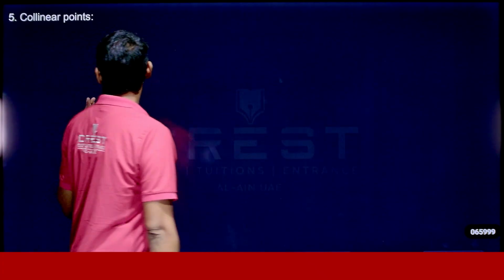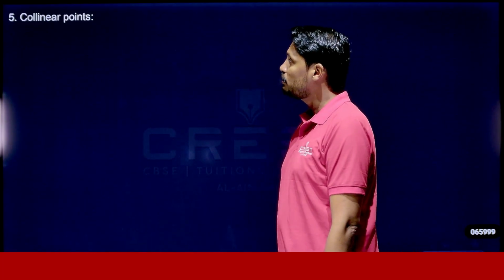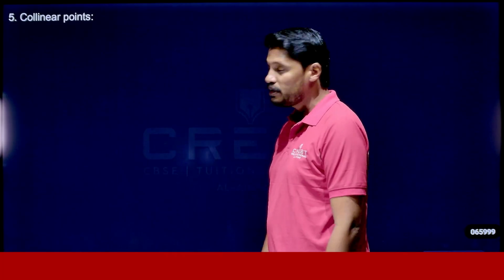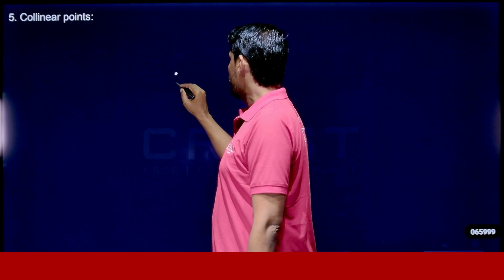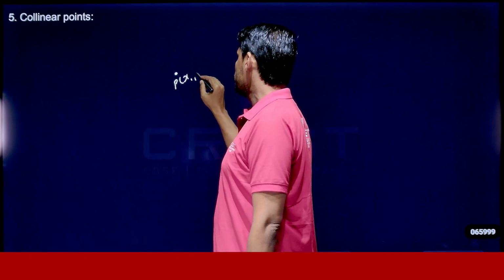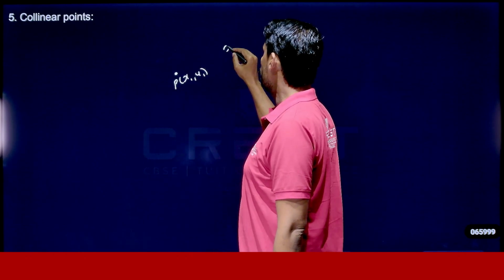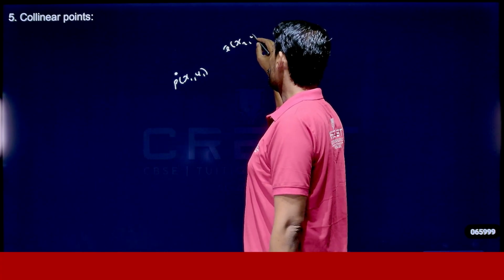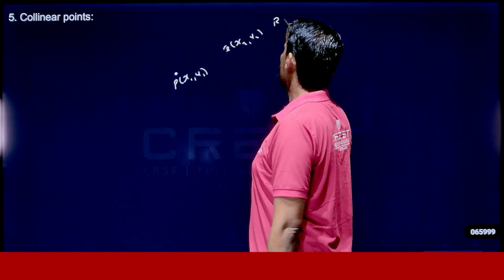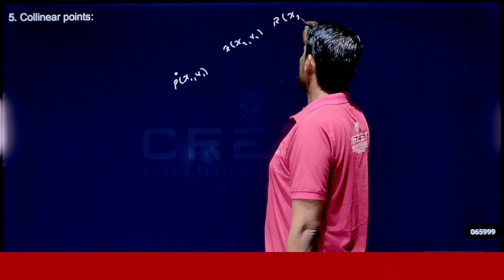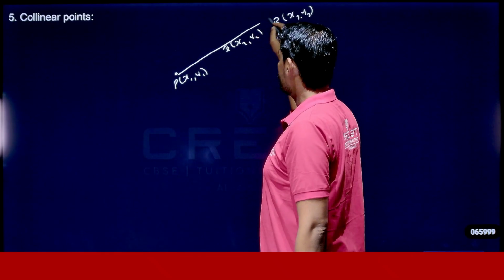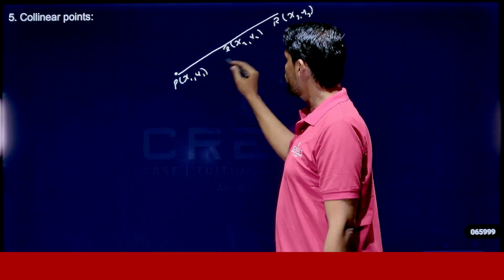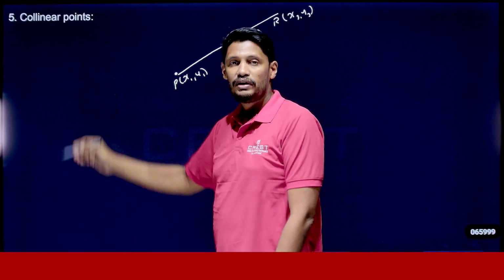And what are called collinear points? When you say two or three or more points are collinear, we mean that if I have a point P (x1, y1), another point Q (x2, y2), and another point R (x3, y3), and when you join these points you get a straight line, then P, Q, R are called collinear points.